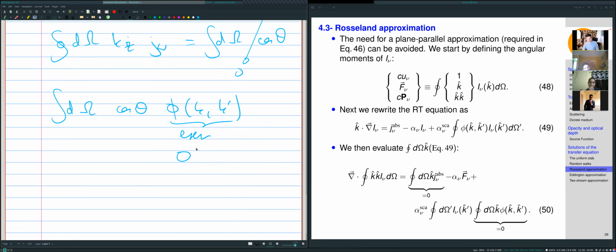It's not so easy to explain this one. We have some direction k prime here, and what I'm trying to say is that this is the same as phi of minus k into k prime.